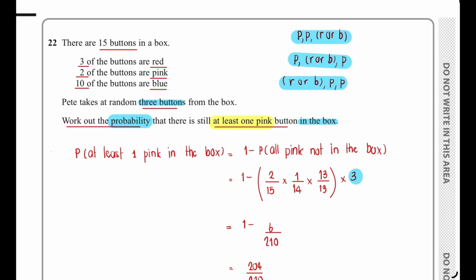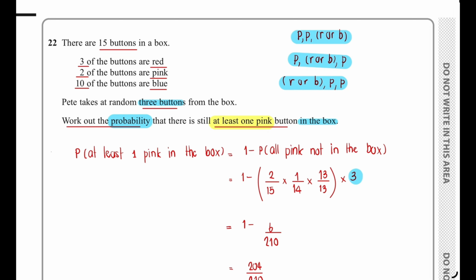Okay, so in this case we will have 3 scenarios: pink first, pink second, and the third one can be red or blue; or otherwise pink in the first and the last button, and in the middle can be red or blue; or otherwise red or blue will come first, then the second and third will be pink.